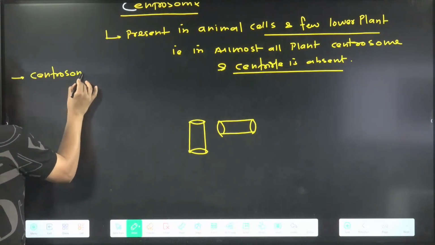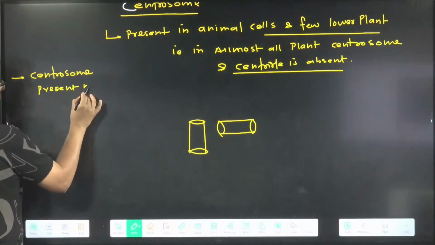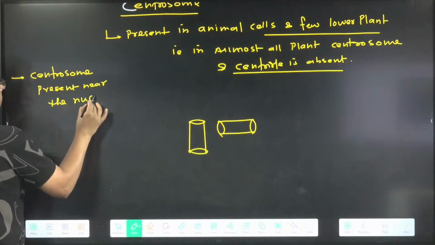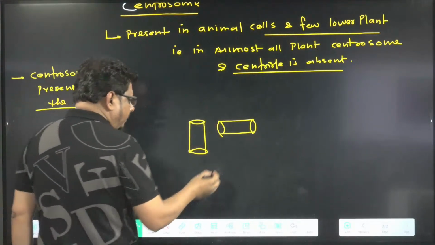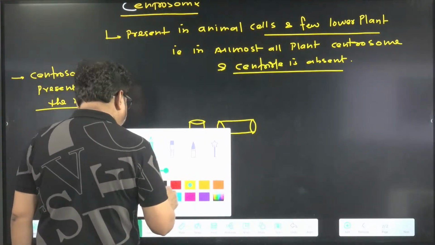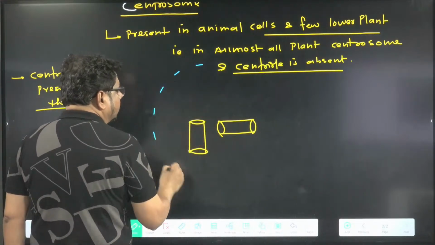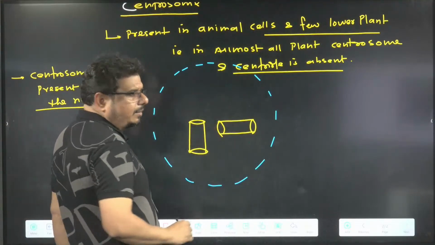Centrosome present near the nucleus. And it has how many centrioles? Two centrioles perpendicularly placed to each other, and they are surrounded by an amorphous pericentriolar material.